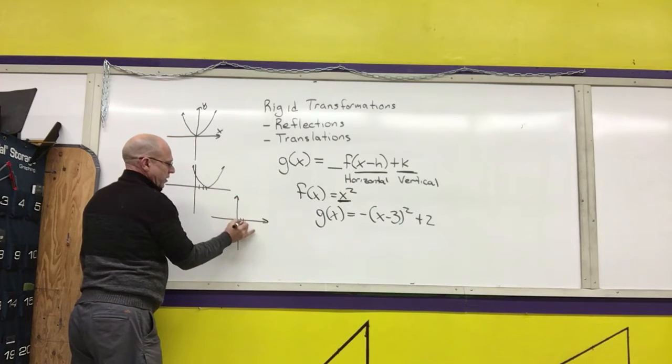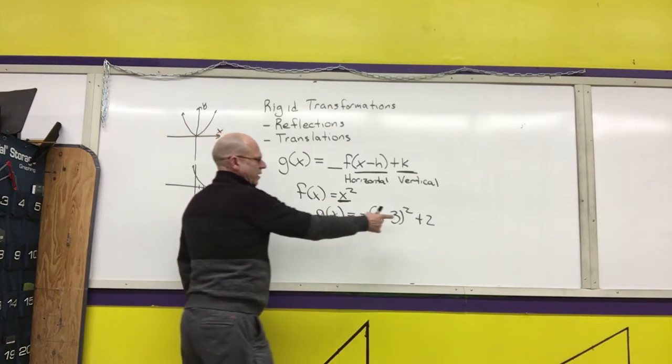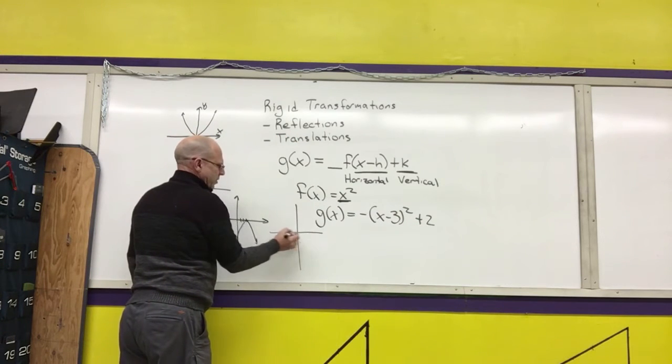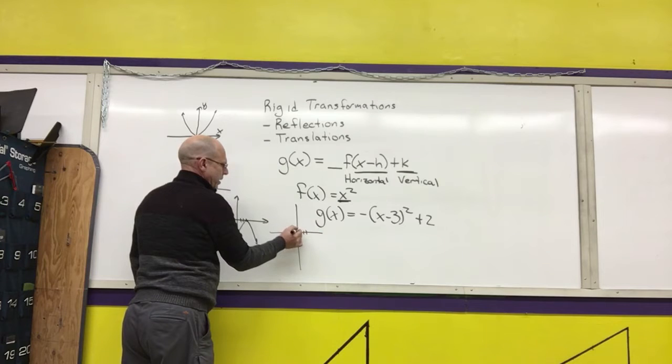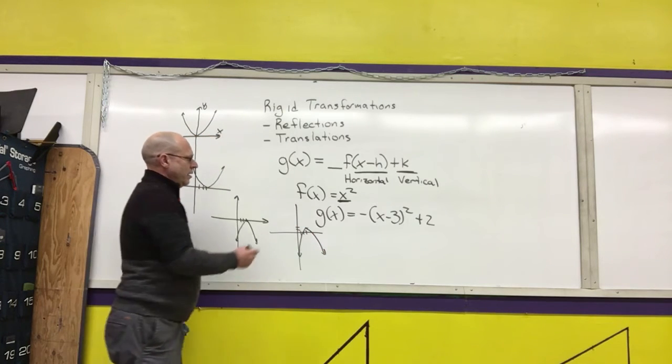So it's still shifted 3 to the right. It's reflected across the x-axis. And the final step is to move that graph up 2. So 1, 2, 3 to the right, up 2. And that would be the final sketch graph.